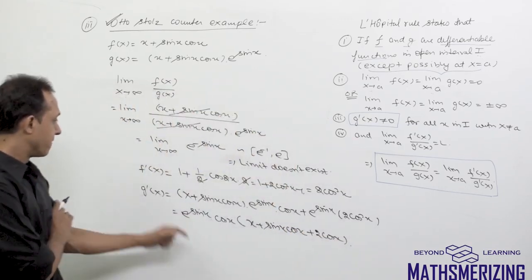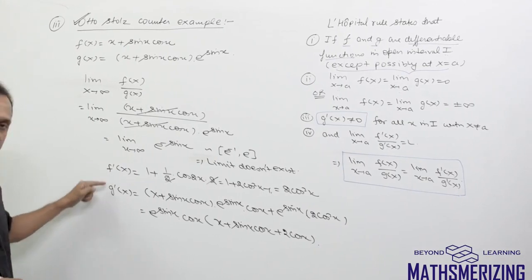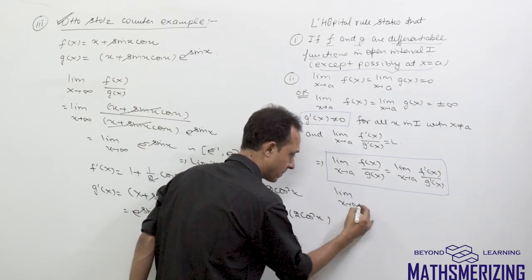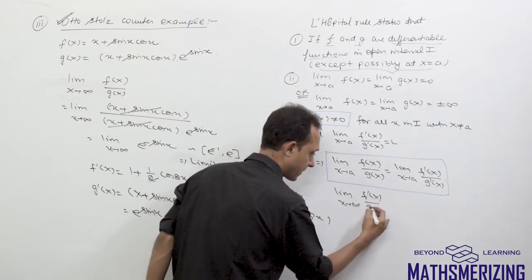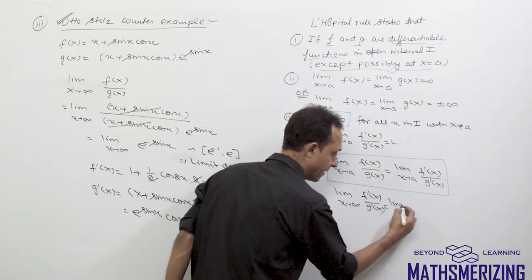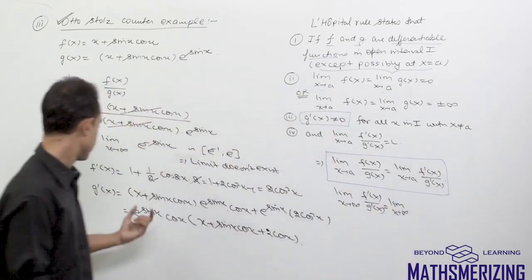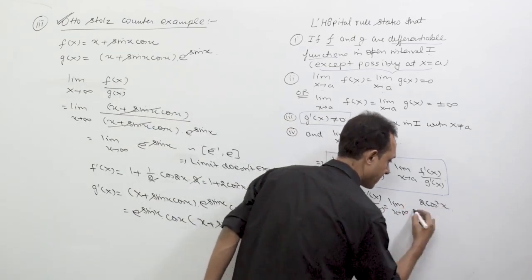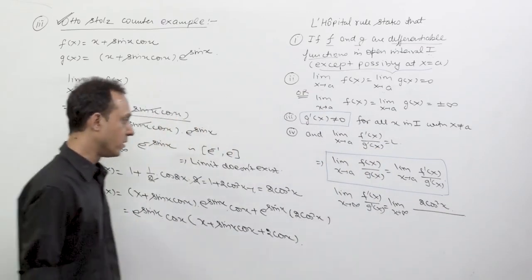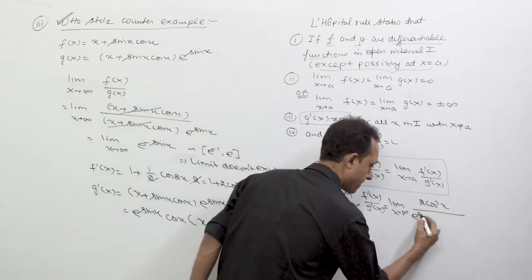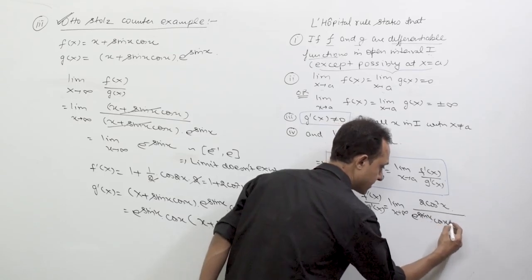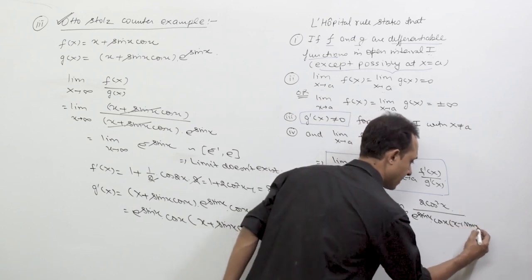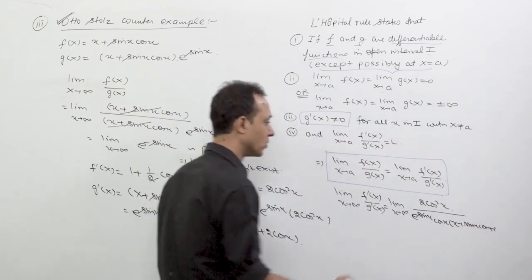2 cos x. Now I'll find this limit, which is limit x tends to infinite f dash x upon g dash x. This limit will be limit x tends to infinite, f dash x is 2 cos square x, and then here it will be e to the power sin x into cos x, and here will be x plus sin x into cos x plus 2 cos x.